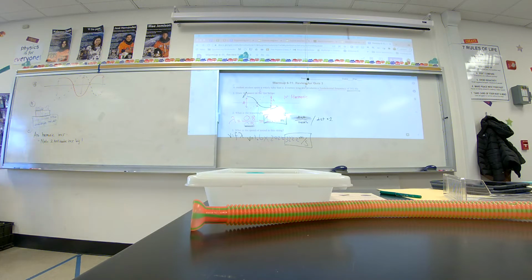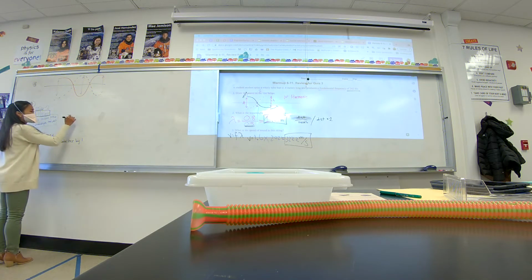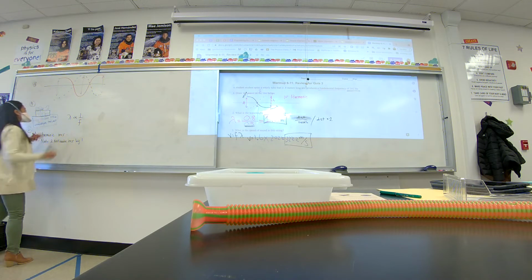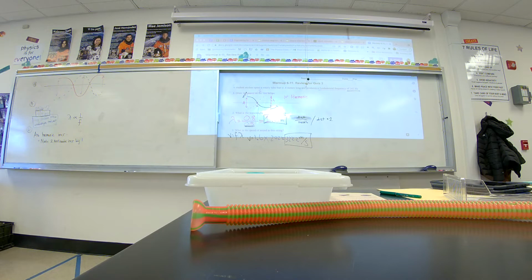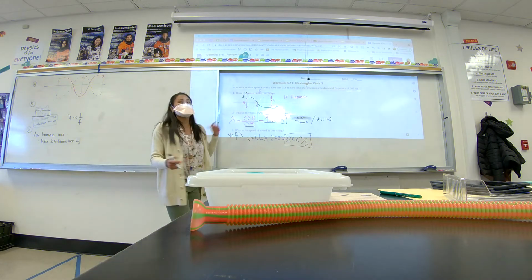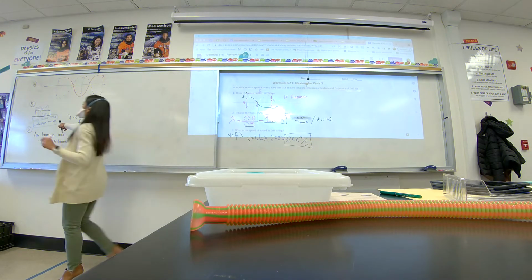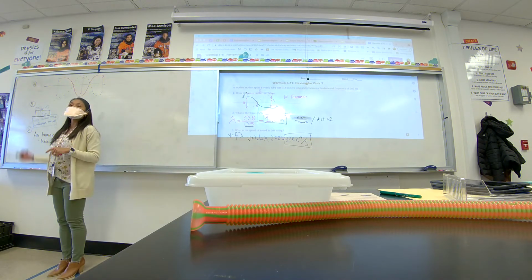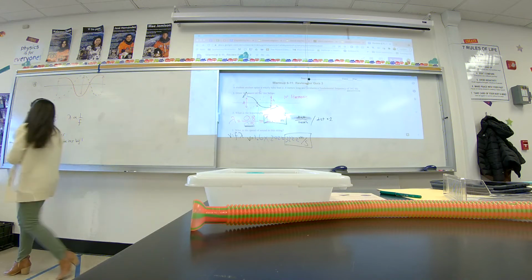Colin also used the fact that the wavelength is decreasing, and because wavelength and frequency are inversely proportional, if the wavelength is decreasing by a half, then the frequency has to increase by 2, based on the fact that they're inversely proportional.